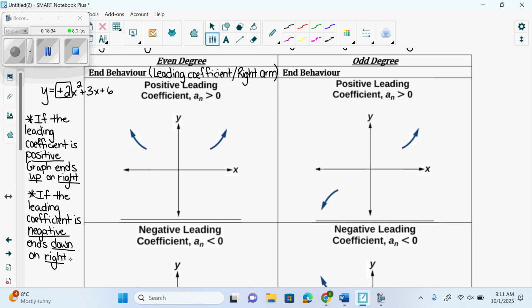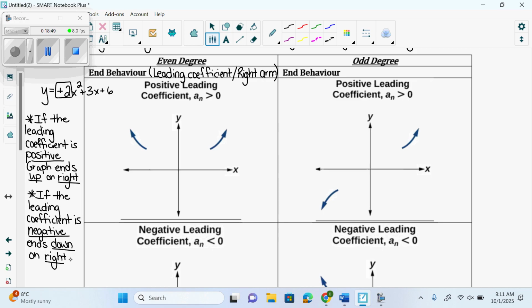So the leading coefficient gives you the end behavior on the right-hand side of the graph. Whether it's odd or even, the right-hand side is how it ends with the leading coefficient.